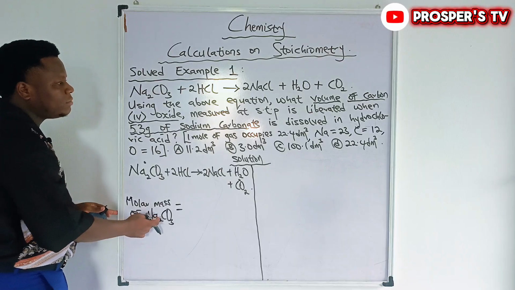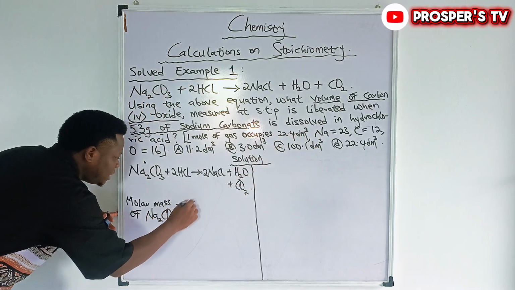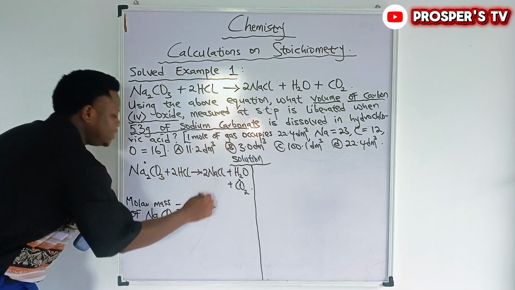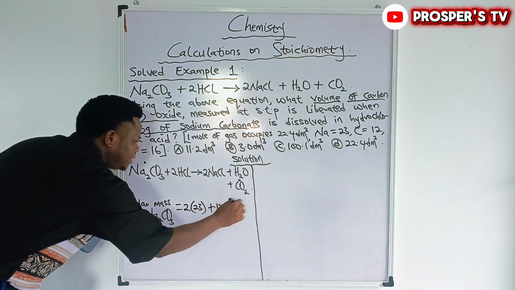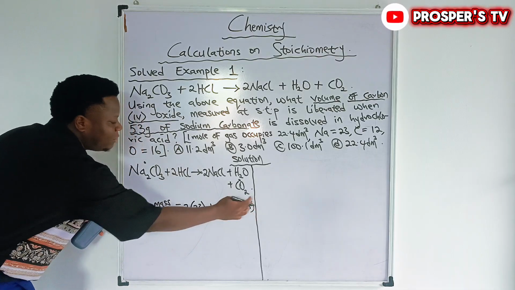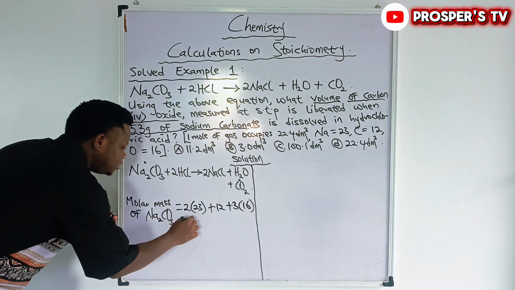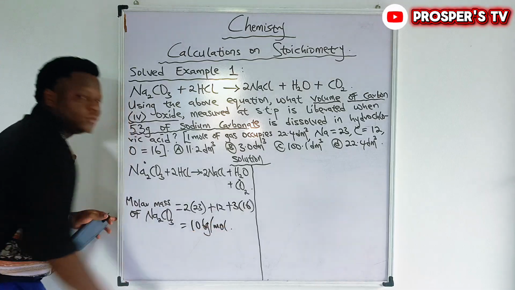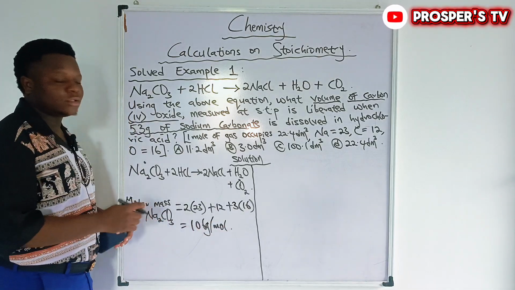So sodium, the atomic mass was given to you to be 23, but you have two sodium here, so you say 2 times 23 plus the atomic mass of carbon, given there to be 12, then plus the atomic mass of oxygen, which is 16, but we have 3 of them, so I multiply by 3. So if you punch your calculator, that should give you 106 grams per mole. So it means 1 mole of this compound has a mass of 106 grams.